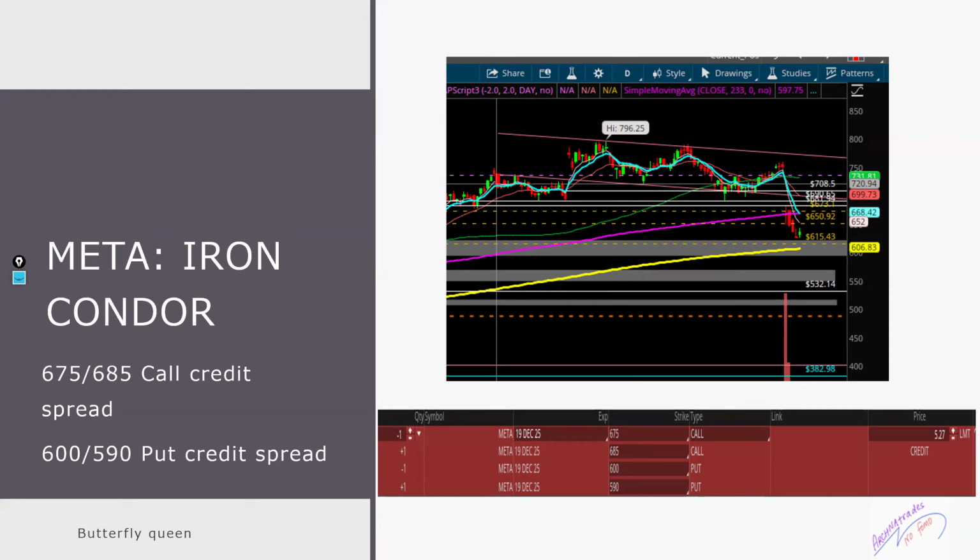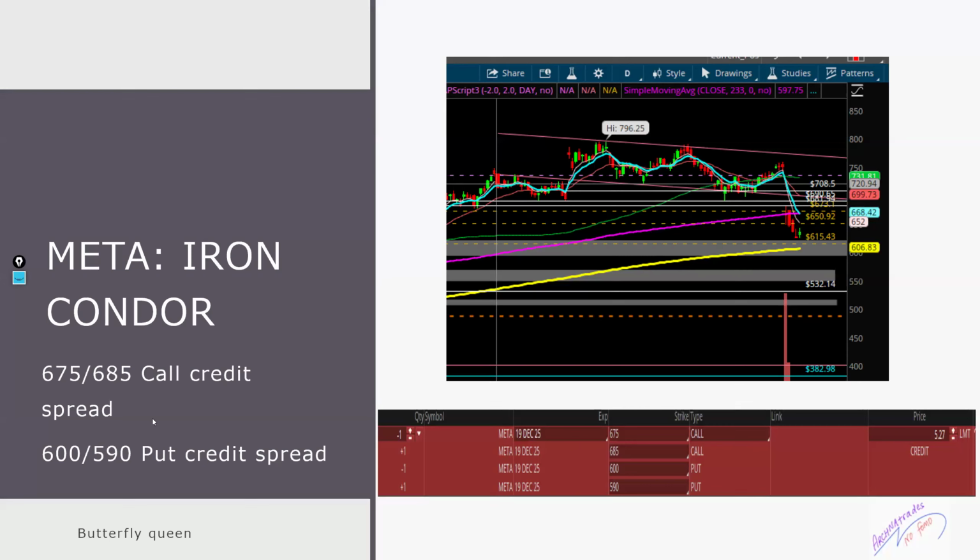I am risking $4.73 to make $5.27. So yes, IV being high is an advantage, right? When IV is high, you are risking less, but getting a bigger credit.